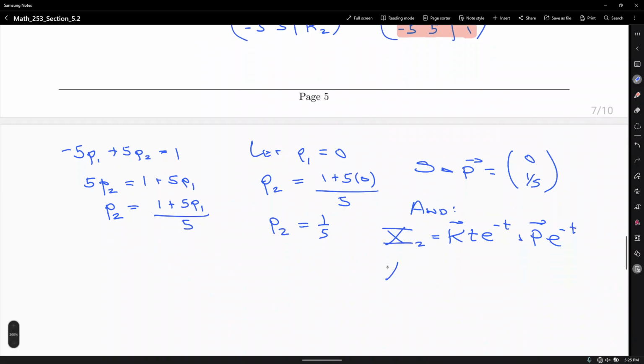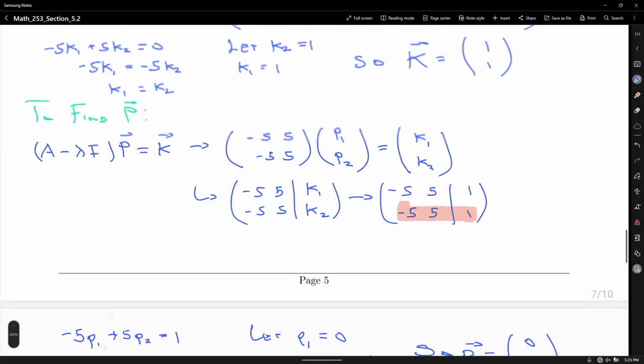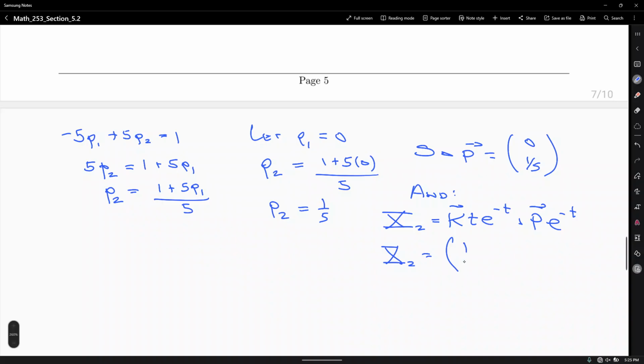And in particular, x2 equals k t e to the negative t plus p e to the negative t. What's the vector k? Wasn't that (1, 1)? Yes, (1, 1) t e to the negative t plus p. What was p? (0, 1/5) e to the negative t. Okay. Well, that's only the second solution.